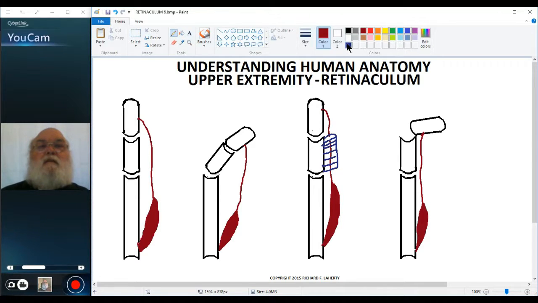And then sketch in the retinaculum again.